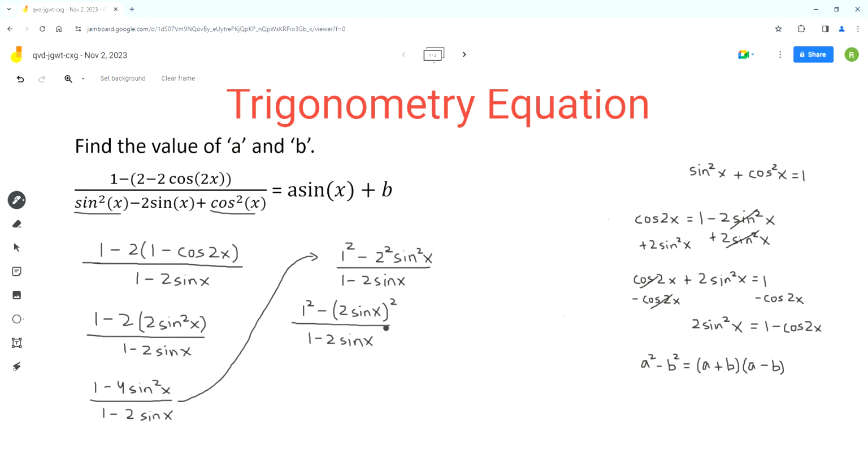Now we can apply the difference of squares formula. So we get 1 plus 2 sine x times 1 minus 2 sine x over 1 minus 2 sine x.